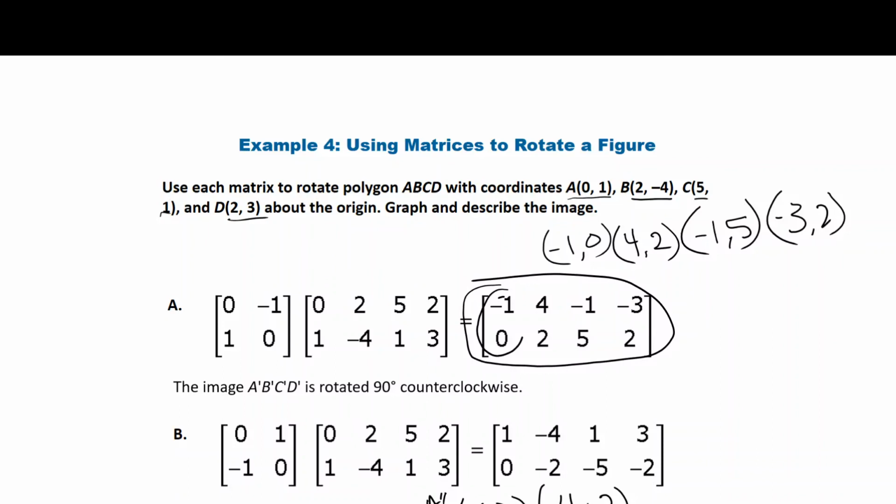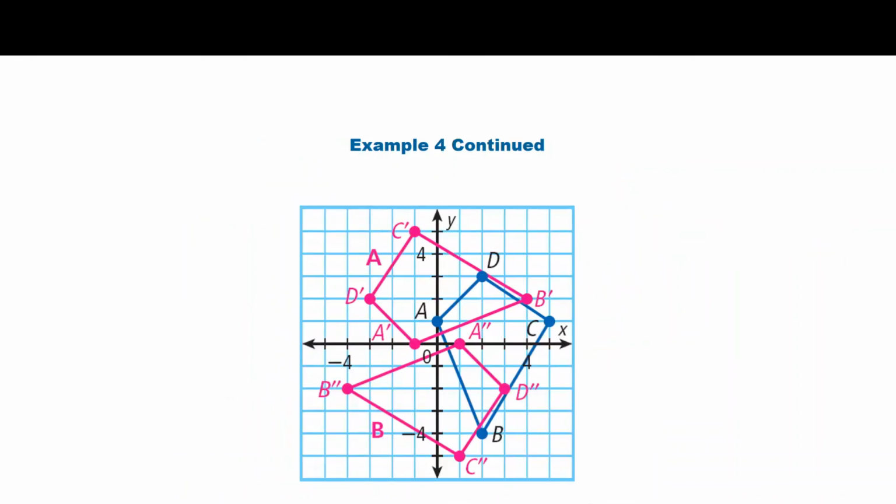All right, so it says that this image is rotated 90 degrees clockwise this time, and again, unless I see the picture of it, I'm not so clear on which way we went, but that's why we graph it so you can see it. So notice that the first time we rotated 90 degrees counterclockwise, and the second time with the double primes, we rotated our image 90 degrees clockwise.